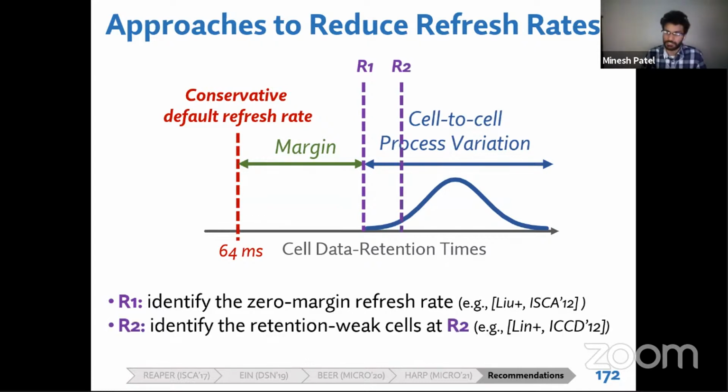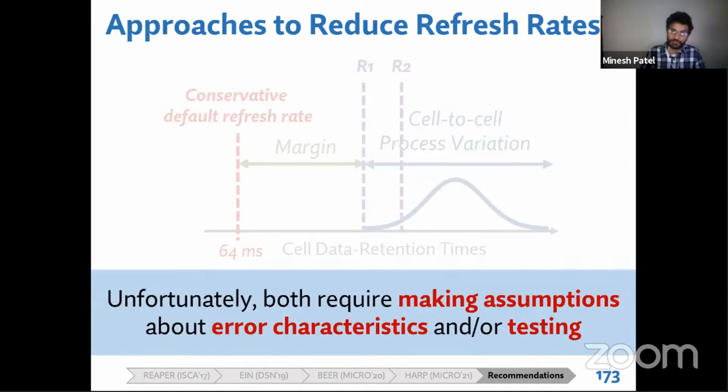The second approach simply reduces the refresh rate to some value R2 and mitigates any errors that occur at the new operating conditions. Now, this even more aggressively reduces unnecessary refresh operations, but as a consequence may need to deal with errors. And so the case for R1 is that we need to identify this new 0 margin refresh rate. And for R2, we need to identify the retention weak cells at the particular operating point R2.